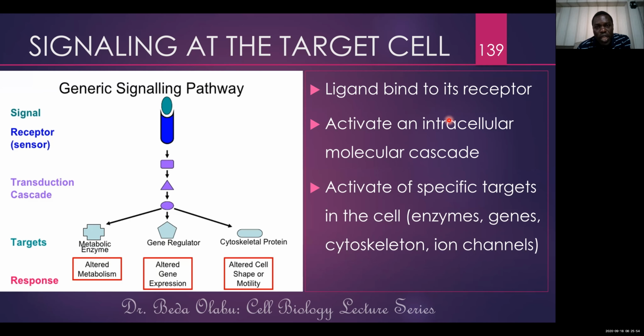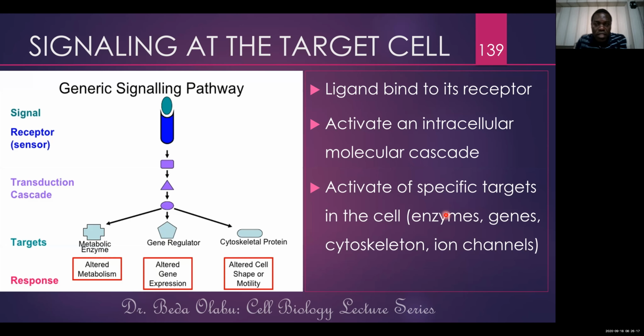Now, depending on whatever is activated, then you can eventually have final cellular responses. For example, if you activate an enzyme, then you expect to have alteration in metabolism.